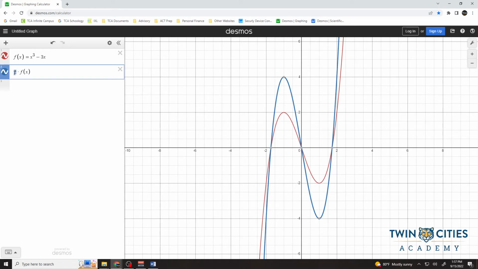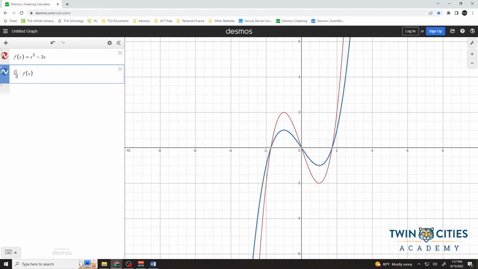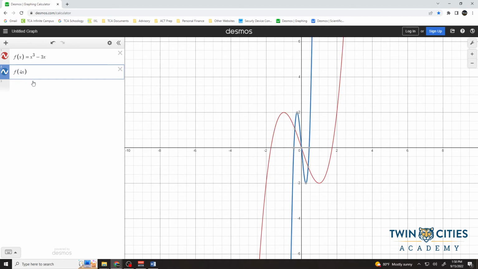What if I did 1/2? Okay, so now with 1/2, we see that it shrunk. It compressed vertically to 1/2 the height. And if you want to do some horizontal changes, you would do this on the inside of the parentheses. Again, if I do, say, 4, I would think that everything's going to get multiplied by 4 and I'm going to stretch this out. You actually compress this.